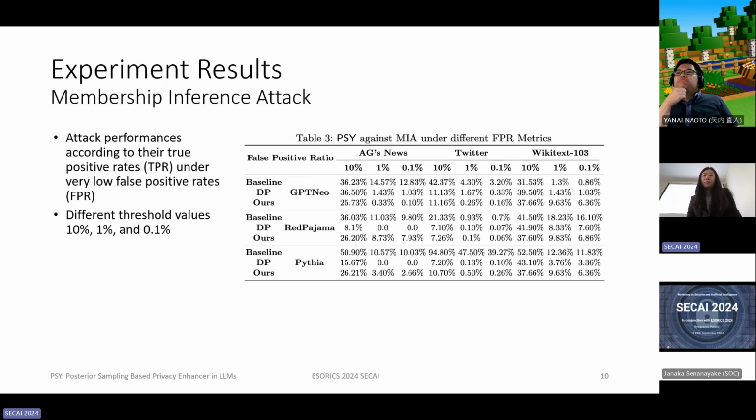Compared with the baseline, which also has no privacy protection, and with differential privacy with parameter epsilon equals 0.1, our method shows that it can defend against the membership inference attack. However, there are some weird results in Red Pajama and Pythia when using DP: when the threshold is 1% and 0.1%, there are zeros.